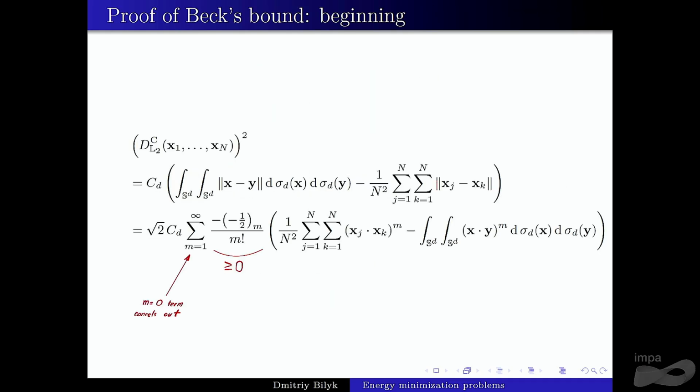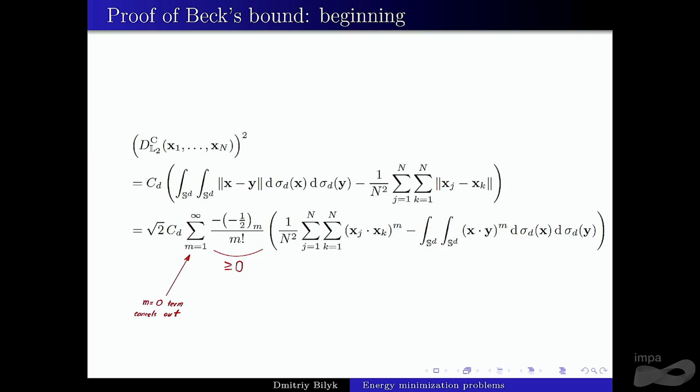You get this relation where I already interchanged the sum and the integral. The coefficients are now positive because we're subtracting in the opposite way, and the term which is m equal to 0 cancels out because that term is exactly equal to the integral. Any questions?